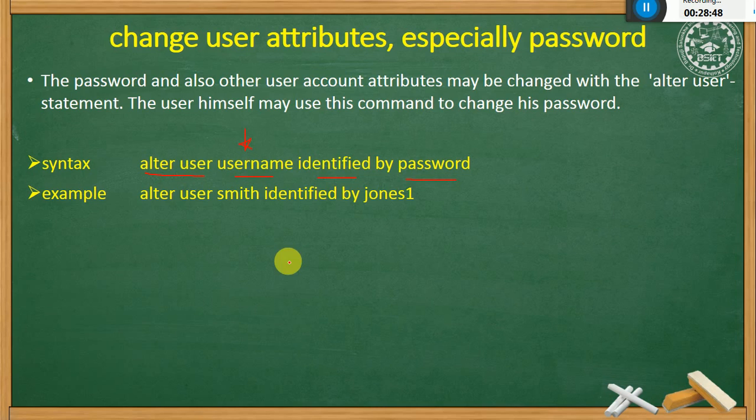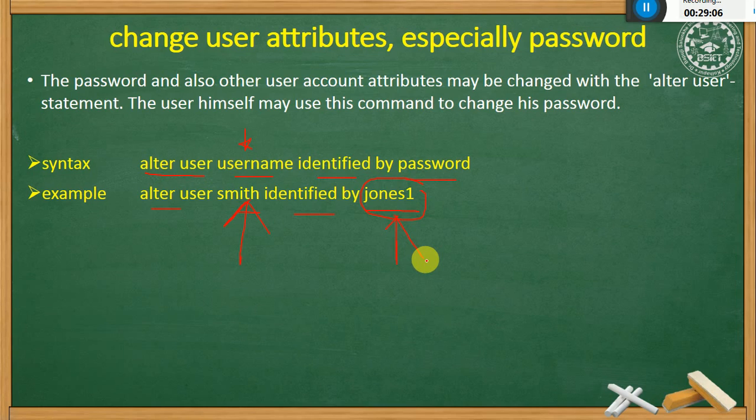For example, alter user Smith identified by John1. So we are changing this password. We cannot change the name of the user, but we can easily change the password using the alter command.